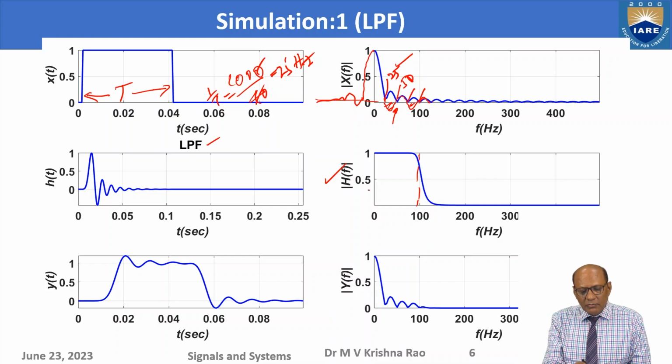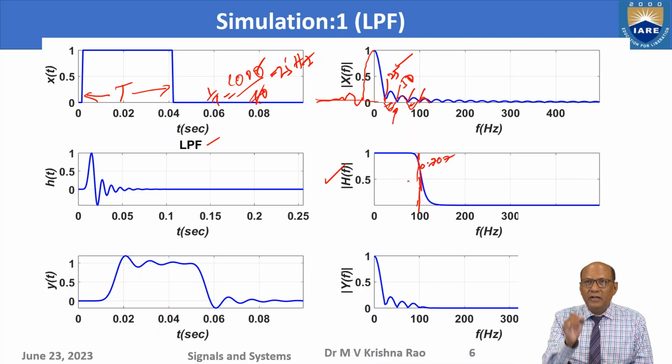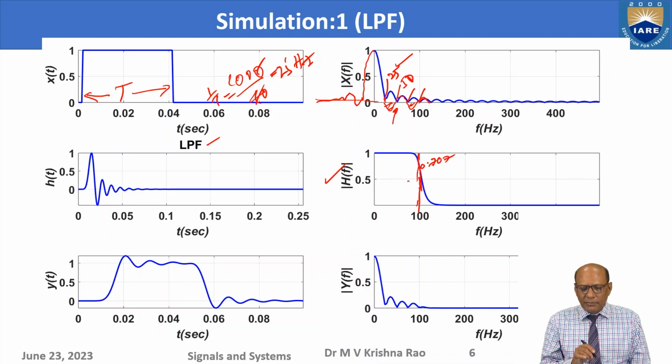Here I have shown only the magnitude spectrum. If you draw a vertical line here, this is 0.707, at this point it will cut. That is nothing but the 3 dB point.